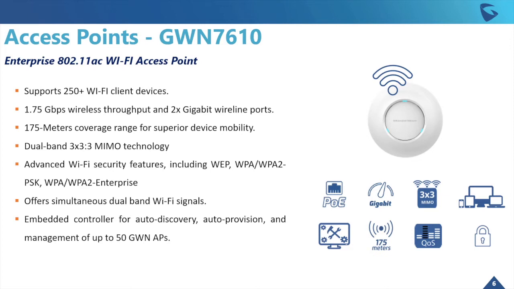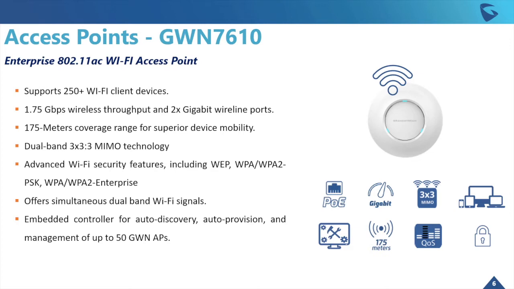And this model is equipped with 3 dual-band radio antennas that can transmit and receive over 3 spatial streams. So 3 by 3 essentially means the access point has 3 transmit antennas and 3 receive antennas. And the number 3 after the colon is the number of supported spatial streams.